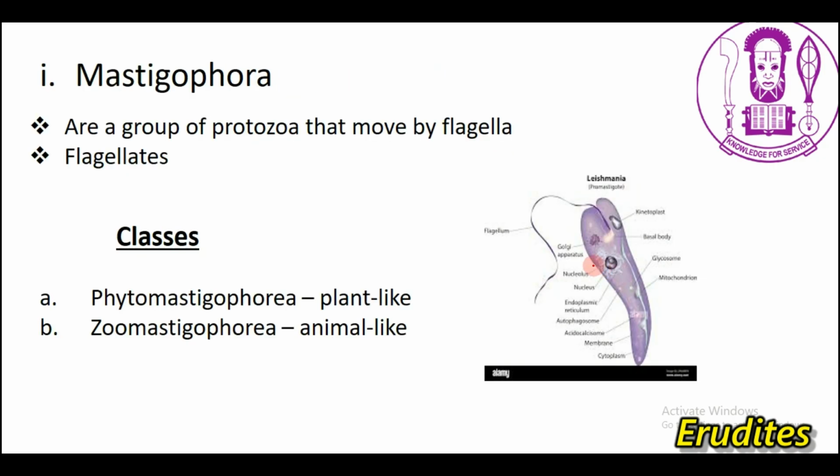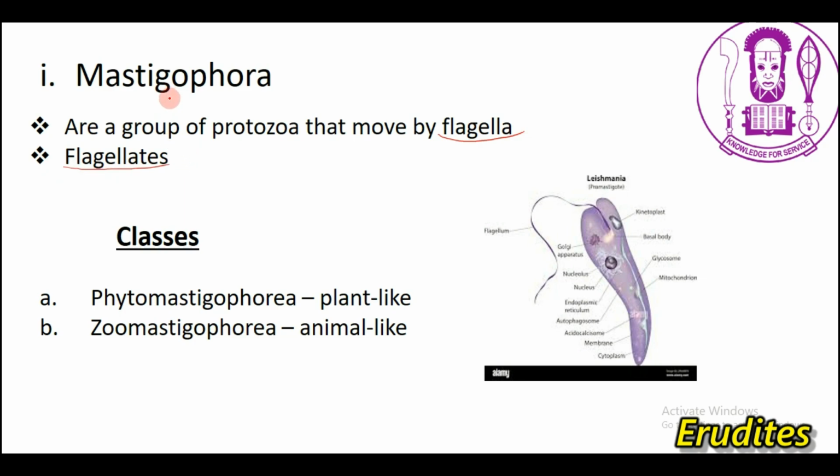Let's look at the first subphylum, which is the Mastigophora. The subphylum Mastigophora are a group of protozoa that move with the help of flagella. This is the most important thing to note there. Because of that, they are called flagellates.